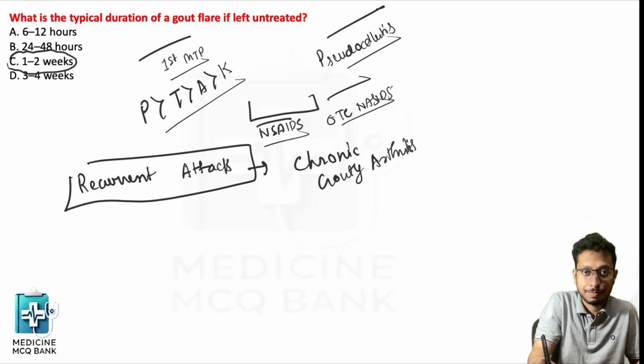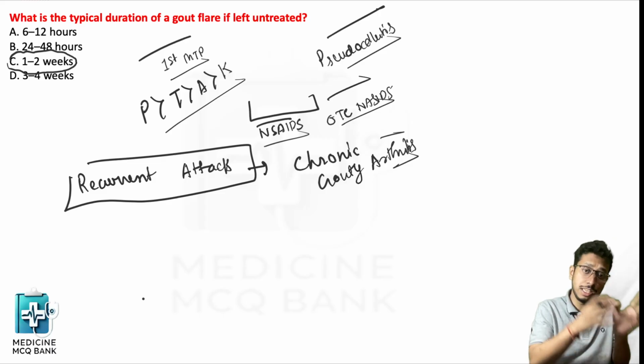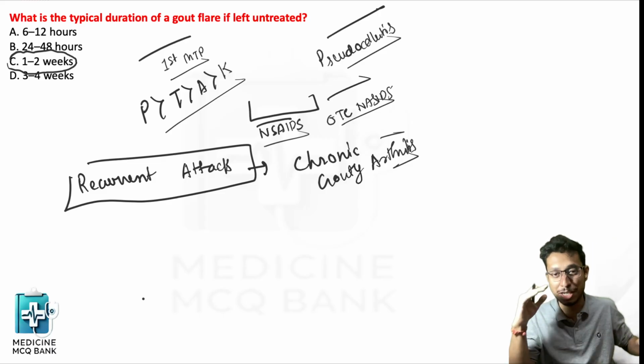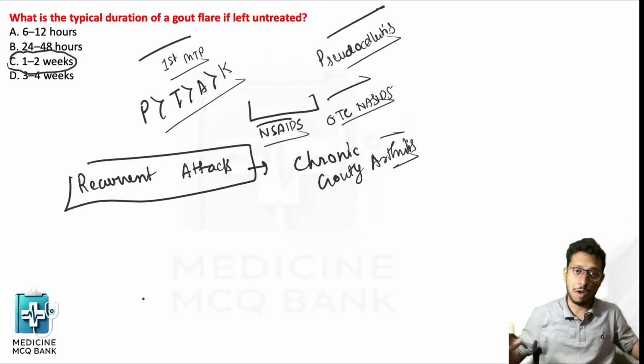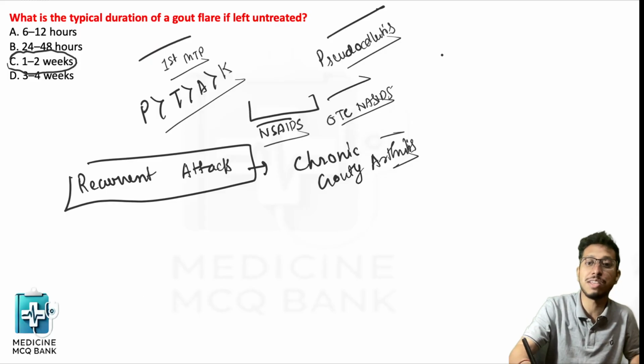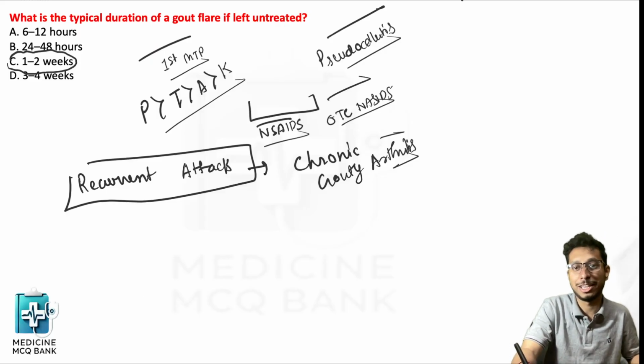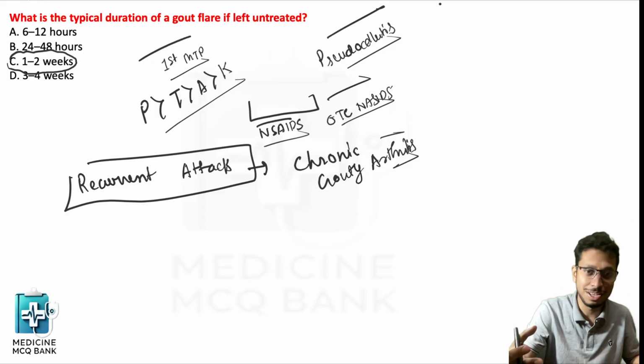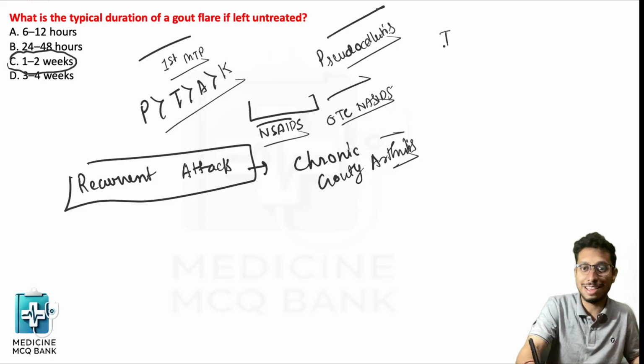Okay. And between the two phases of attack, there is a phase where the patient will be absolutely normal, absolutely fine, not worried about the disease. In most cases, we leave the urate-lowering therapy thinking that the treatment has been completed. This phase is known as the intercritical period or intercritical gout.